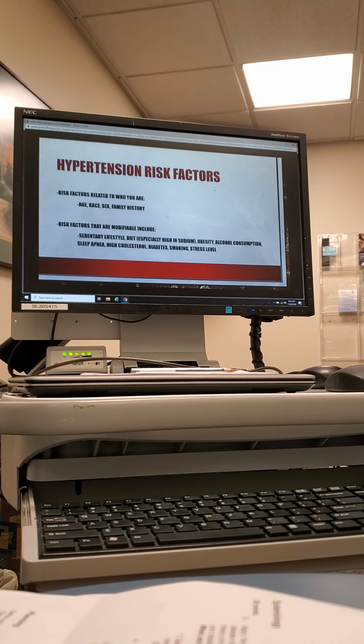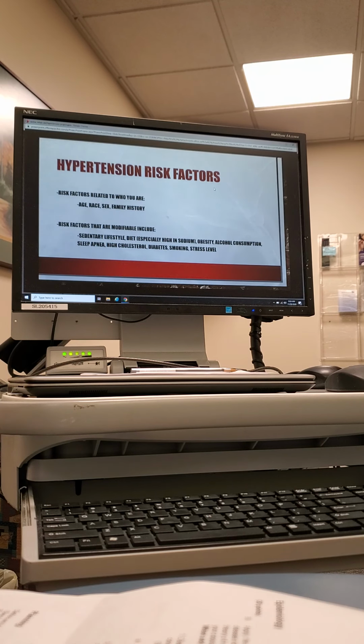Some risk factors for hypertension are related to who you are as a person. You can't help getting older. You can't help where you come from. You can't help if you're male or female. You can't help your family's history. Risk factors that are modifiable include, like you mentioned, getting rid of that sedentary lifestyle, improving your diet, especially diets that are high in sodium.